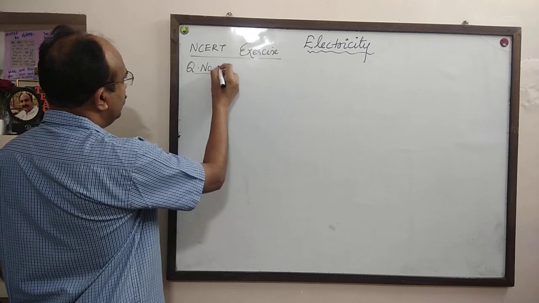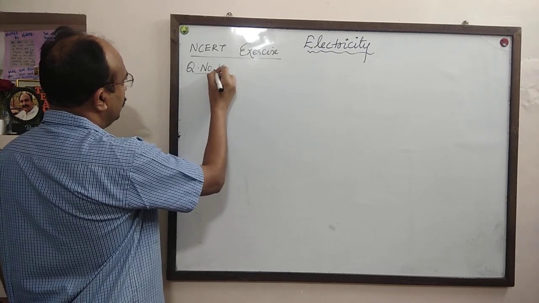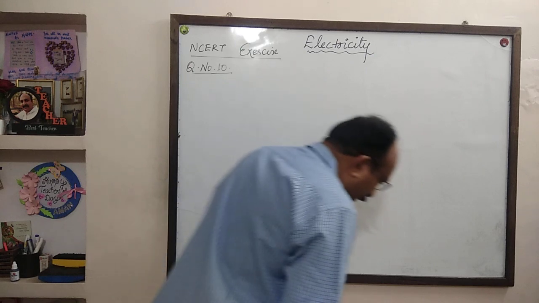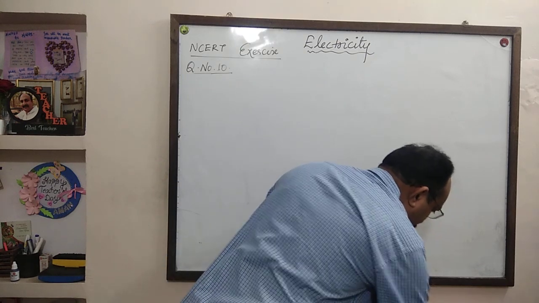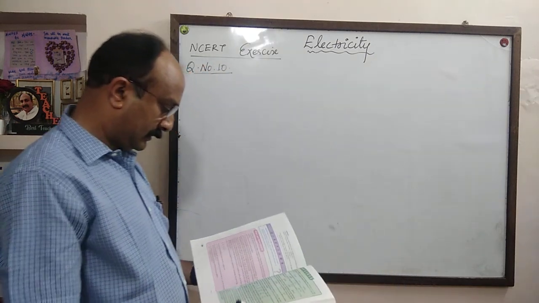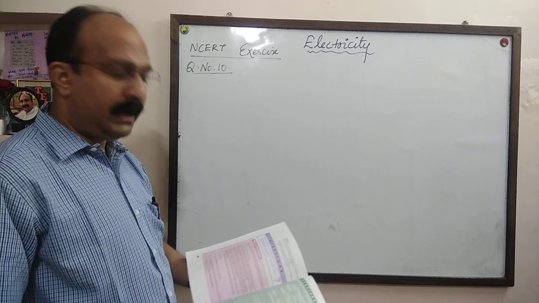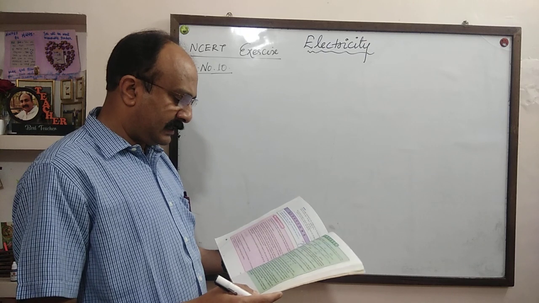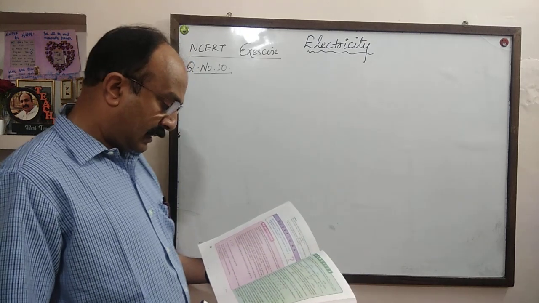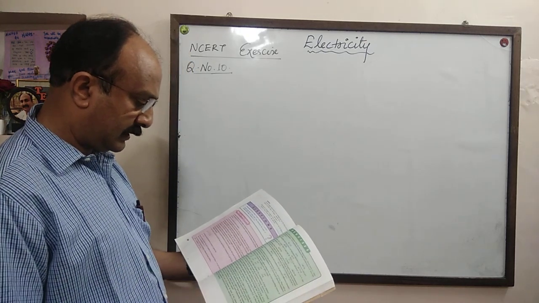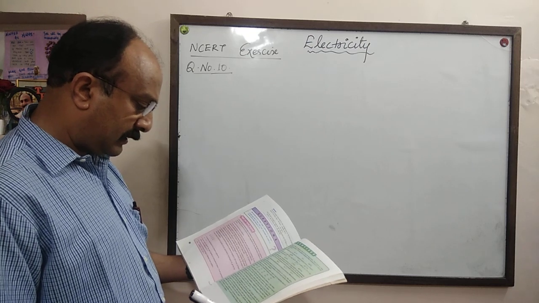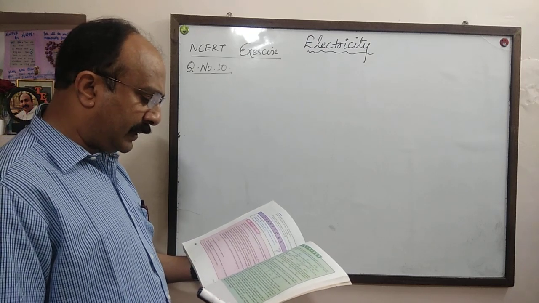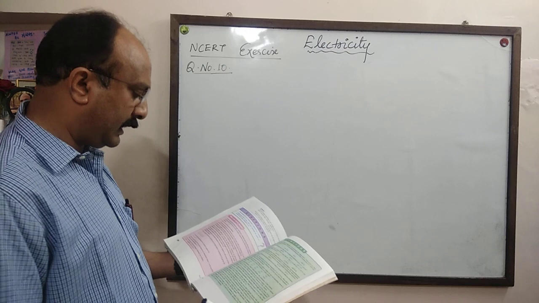Now here comes the next question, question number 10. Question number 10 is, how many 176 ohm resistors in parallel are required to carry 5 ampere on a 220 volt line?